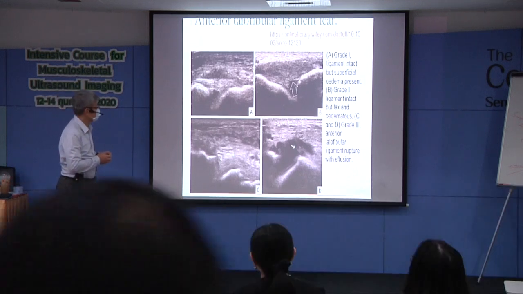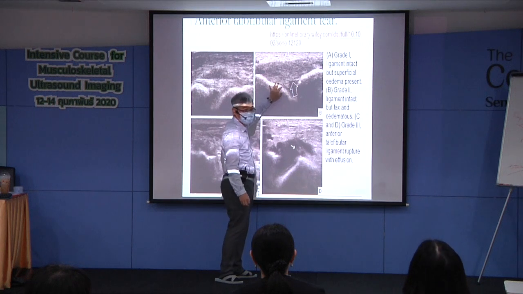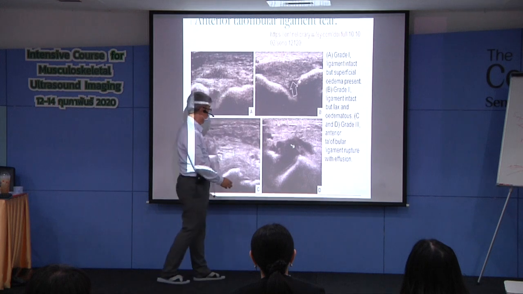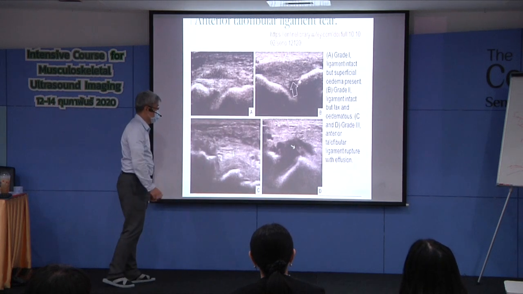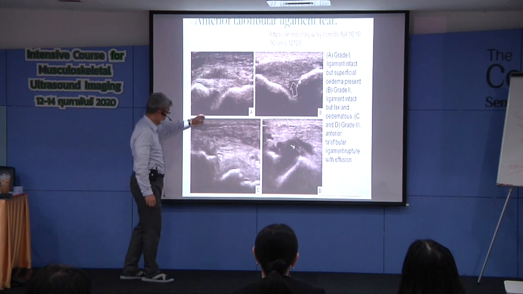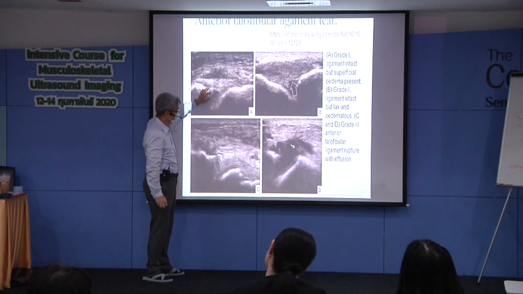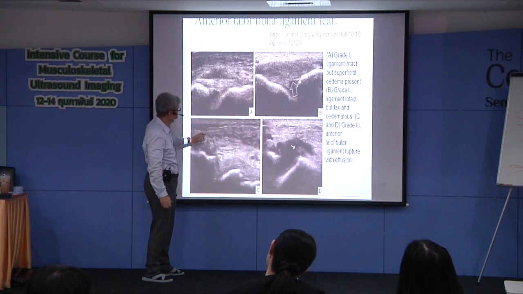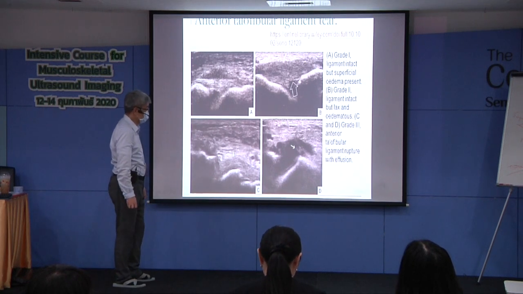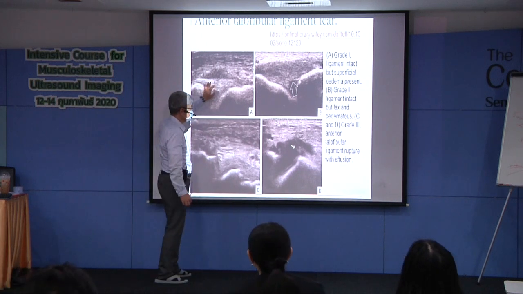Right. If you cannot see the ATFL completely, it's very highly likely a complete tear or almost complete tear. If you see the fluid around the ATFL, and some fiber can still be observed, probably this is grade 1, minor.